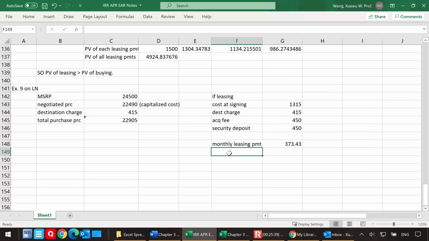Of course, in the real leasing business you may be aware of something called a money factor and all these kinds of things. But here, this is what the dealer is asking from you, $373.43. And the security deposit is refundable at the end of month 24, if everything goes okay.